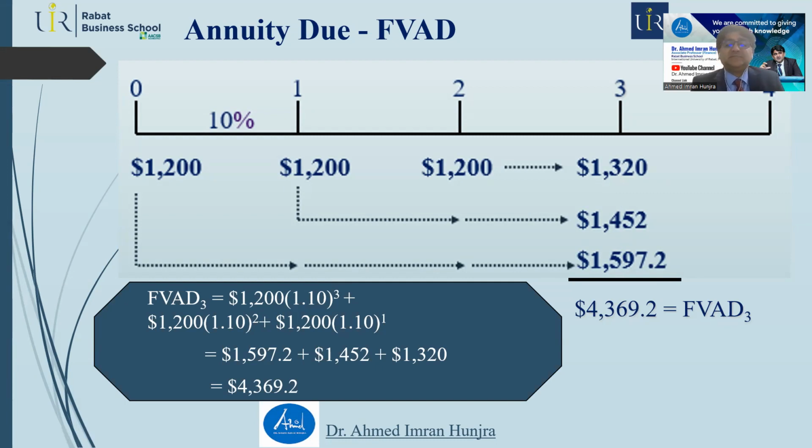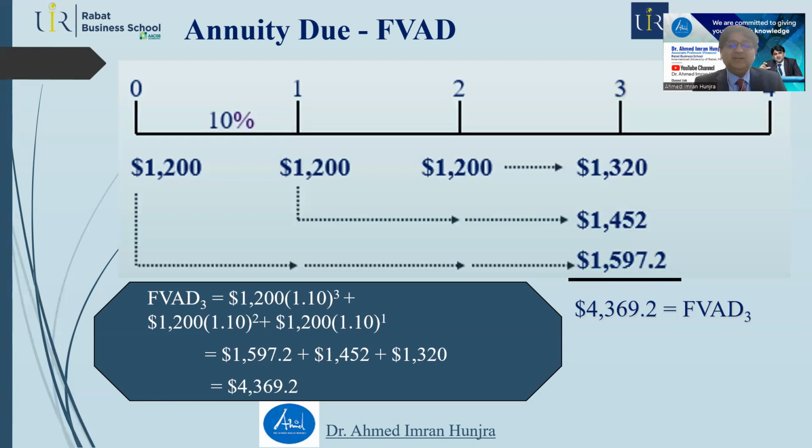The overall cumulative value is equal to 4369.2. So why is this answer bigger than the ordinary annuity? Because each cash flow is invested for one extra time period. So that's it: the more the time period, the more the future value.